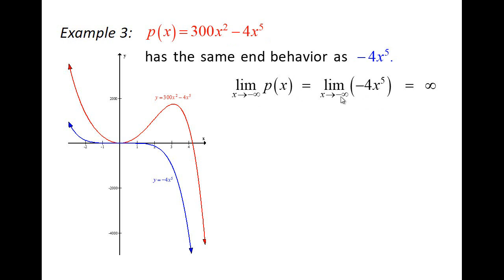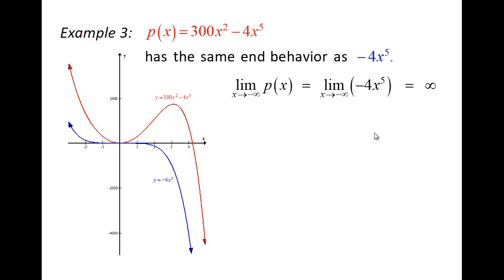Now, when x is negative large, x to the 5 will also be negative large, but there is another negative here, so we get a positive large. So that tells us that as x gets bigger and bigger in the negative direction, this leading term is getting bigger and bigger in the positive direction. So this limit would be positive infinity.